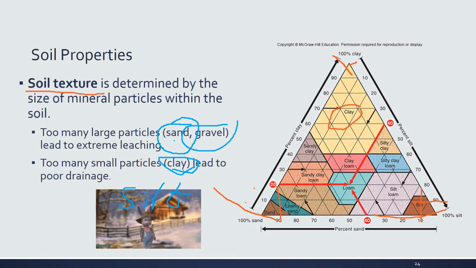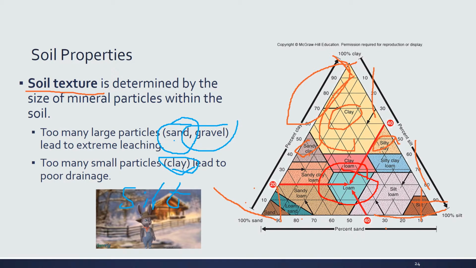So what we can do is name soils based on what they're made of. Clay tends to be soil that's very high in clay and very low in silt and somewhat moderate to low in sand. Then there's a sandy clay, which is high in sand but also silty. And then there's a silty clay, which is high in silt but also sand. And you can figure this out after a while.